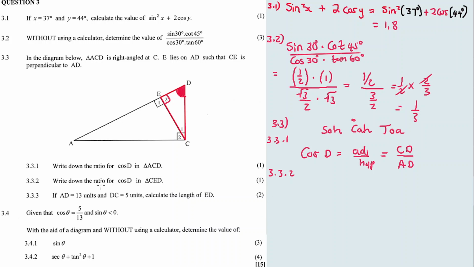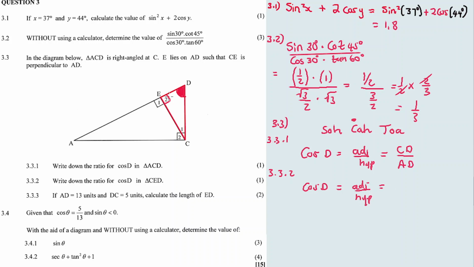Now sifuna ukubhala the ratio for cos D again, so katoa adjacent over hypotenuse. So cos D in triangle CED is equal to adjacent over hypotenuse.